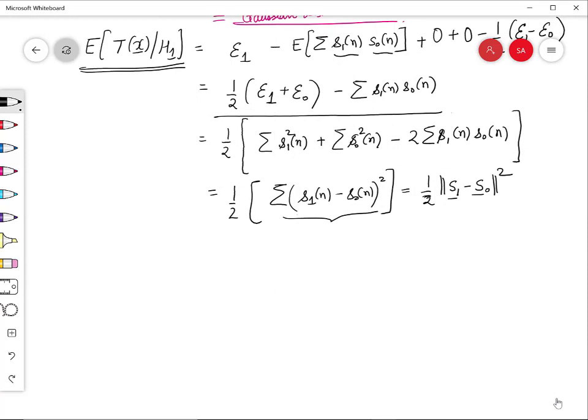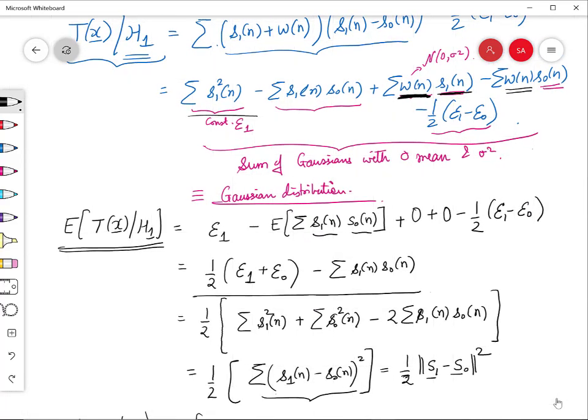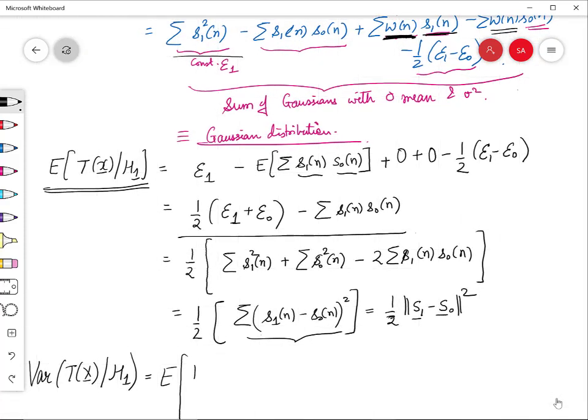In a similar fashion, we can also find out the variance of this test statistic T of x given hypothesis 1 is correct. This is equal to the expectation of this particular quantity here. So let me write this quantity here. So this is half of E1 plus E0 minus summation S1n S0 of n plus summation Wn S1n minus summation Wn S0 of n.